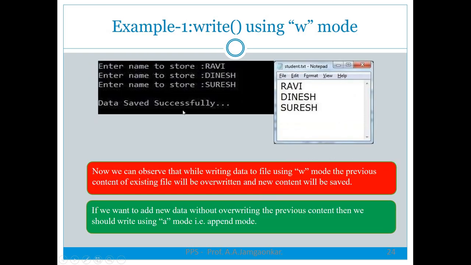There is a slight difference between write mode and append mode. When we open the file in write mode, the previous content of the file gets overwritten, meaning the new content is saved and the older content vanishes from the file. If we open the file in append mode, that is A mode, the overwriting will not be done.